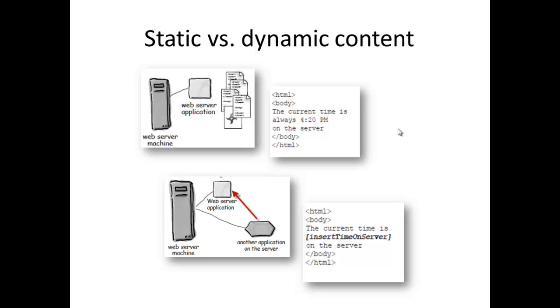No problem. If, of course, the time is not always 4:20, if you want the actual, real time, then what this server is going to send to the client is information that is not a priori available. It is not always ready. You generate that content on the fly in many ways.